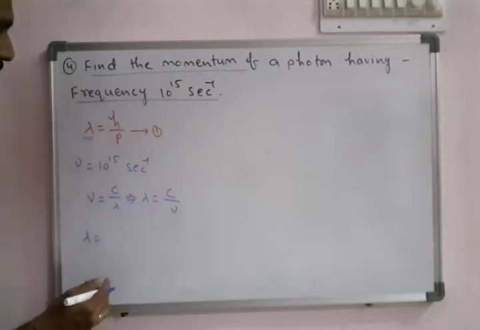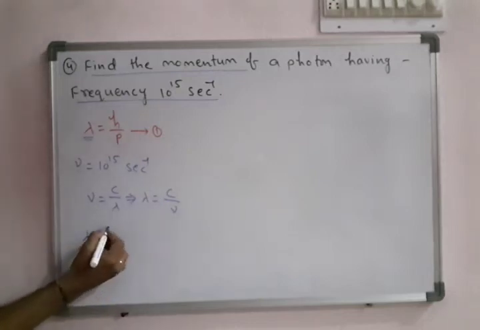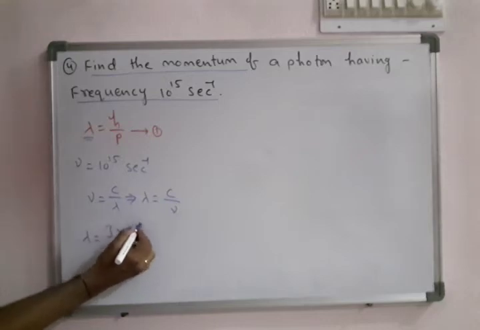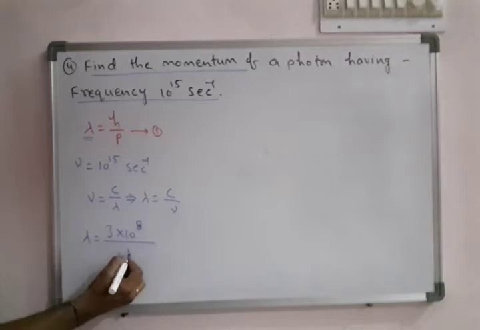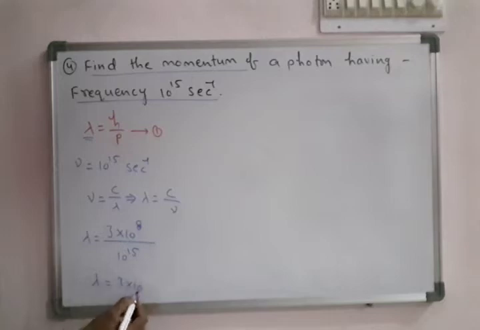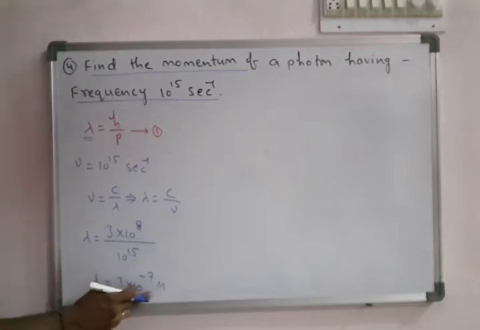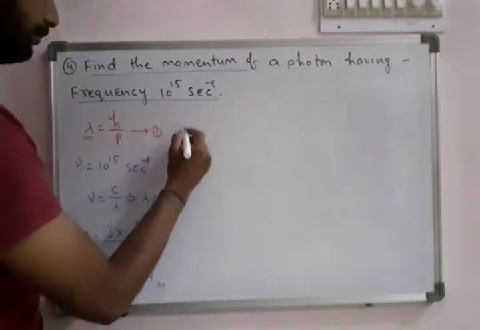What is c? c means the speed of light, 3 into 10 power 8. What is the frequency? 10 power 15. So here we get lambda is 3 into 10 power minus 7 meters.